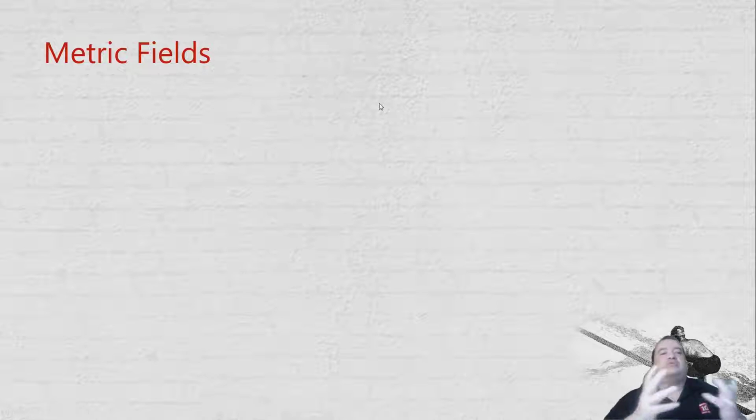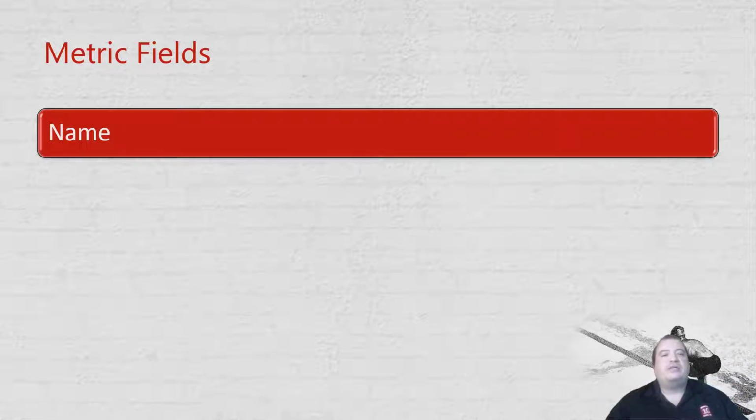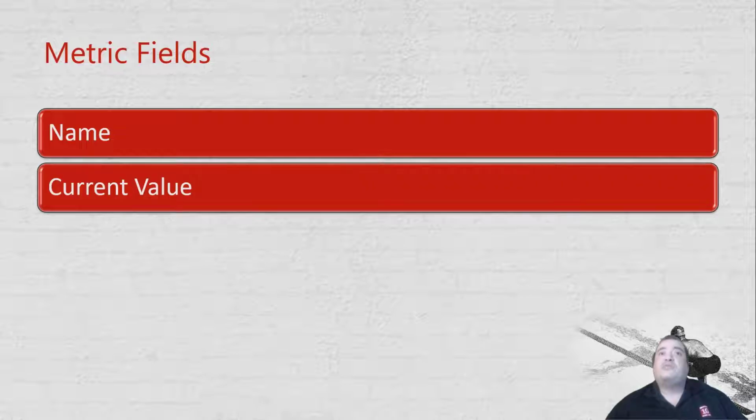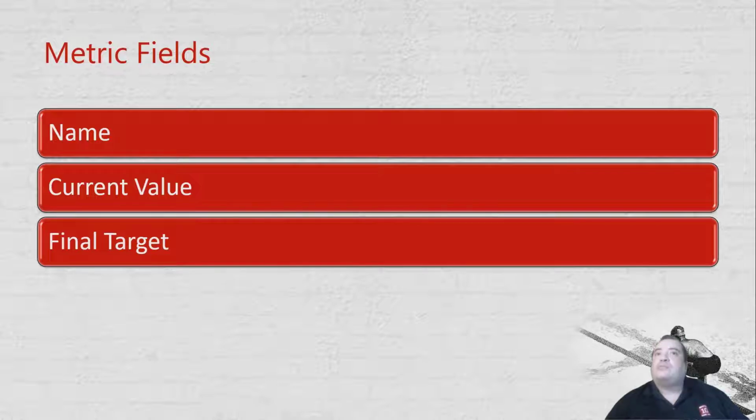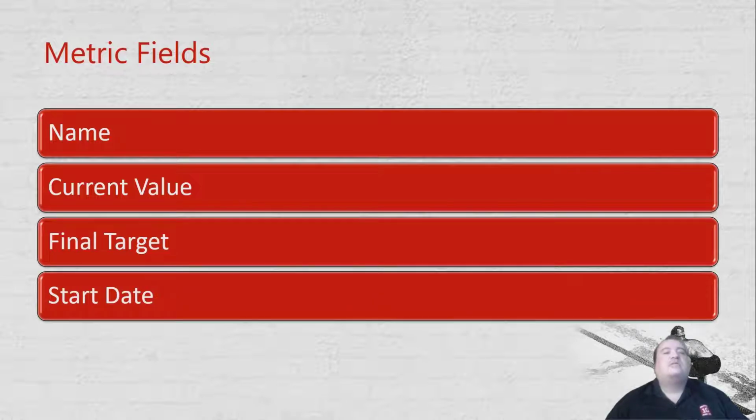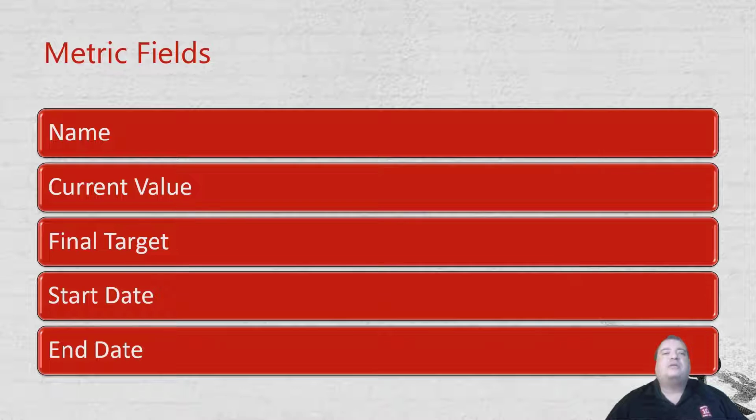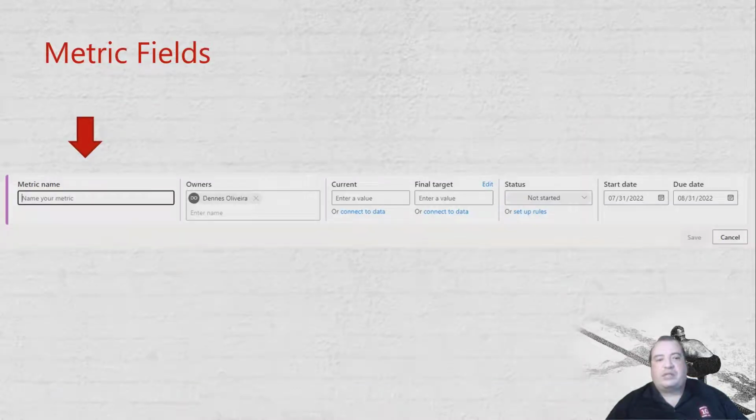Some fields that we define during the creation of the metric. We define the name of the metric, the current value of the metric, although the current value will change on every check-in which we make on the metric. The final target for the metric, the start date of the metric, and the end date of the metric.